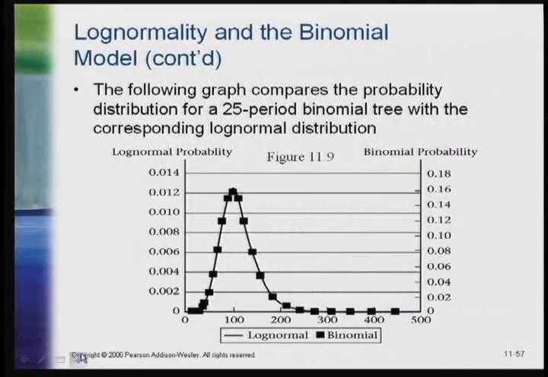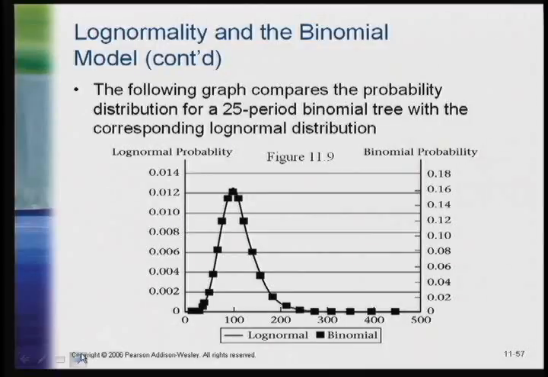Here's a figure from the book, and there's another figure in the book where the binomial tree is more crude. This is a binomial tree where there are 25 periods, so that's a pretty good value for n.